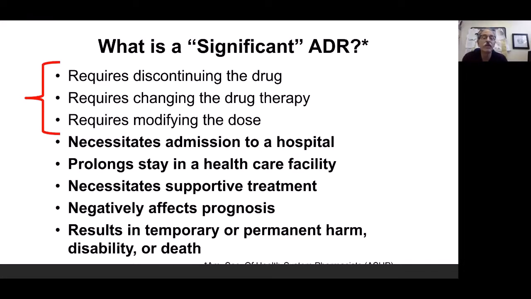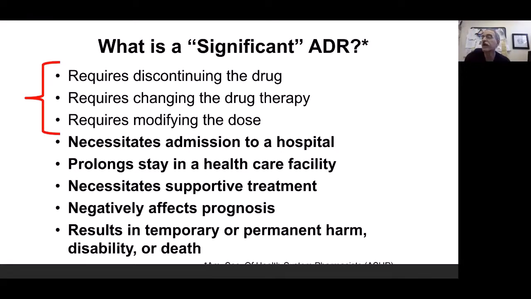They may end up in the hospital for a long period of time, or they may have to stay longer than they would otherwise if they didn't have that reaction. They may need supportive treatment like dialysis or be temporarily on a ventilator. It could negatively affect their prognosis, or the most severe is temporary or permanent harm, disability, or death.